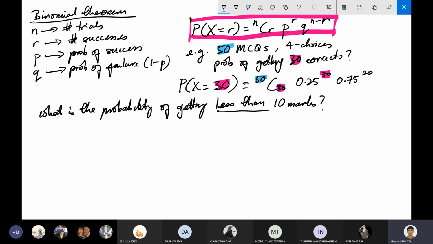The question is less than 10. So is 10 included? No. Okay, so for the probability of less than 10, you have to calculate one at a time.